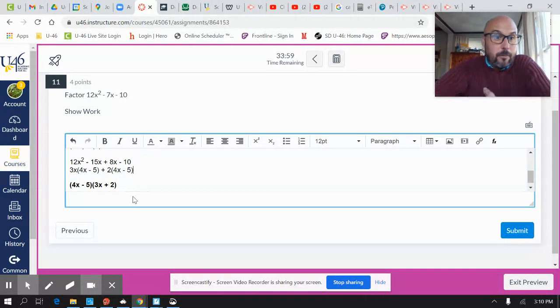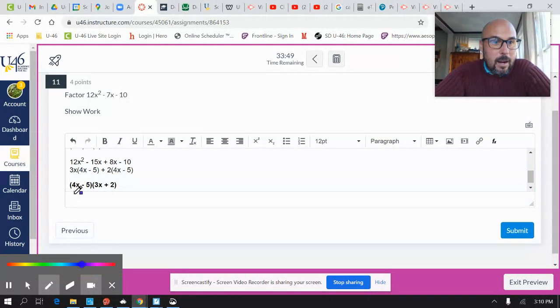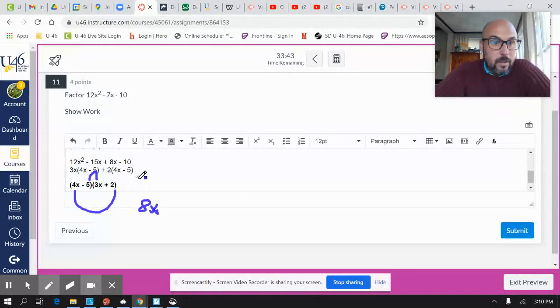You should feel pretty confident. 4 times 3 is 12, and you needed 12. Negative 5 times 2 is negative 10, and you needed negative 10. If you multiply the outer two, you get 8x. If you multiply the inner two, you get negative 15x. And if you add these two, you get negative 7x, which is what you needed.